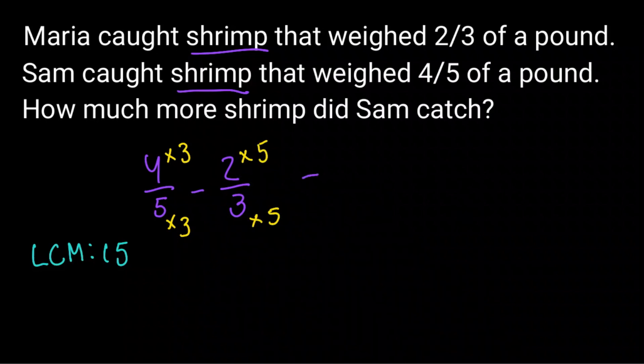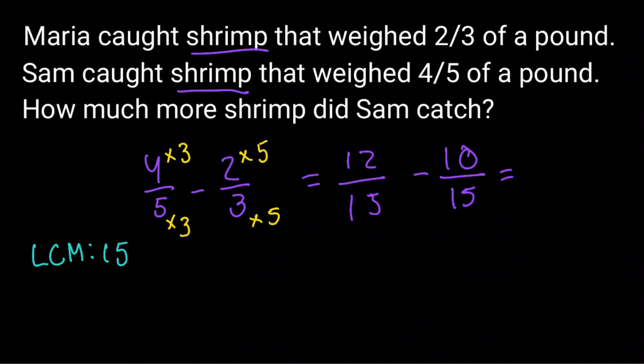This gives us 12 over 15 subtract 10 over 15. This is simple subtraction, which gives us 2 over 15. So Sam caught 2/15 of a pound more.